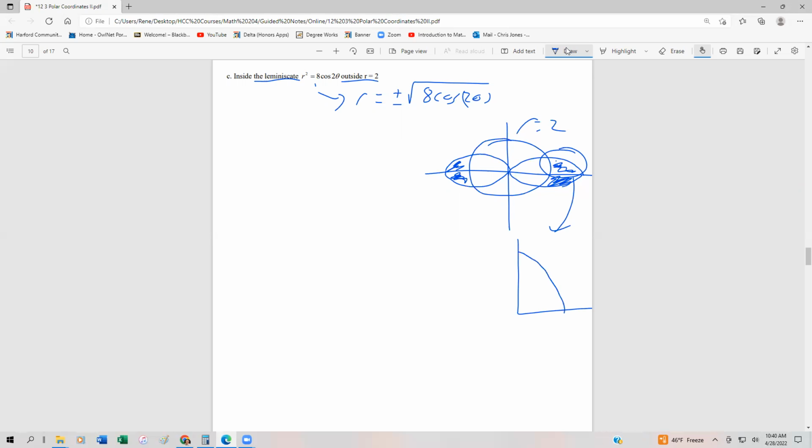Okay, but then we have the lemniscate. And if we found one of these, we notice that the other 4 are symmetric, so we can multiply whatever we get by 4.